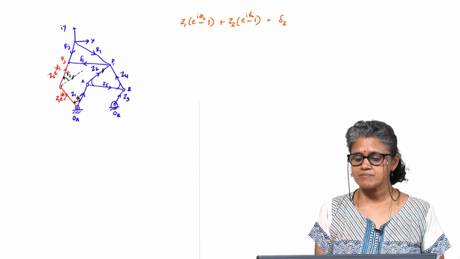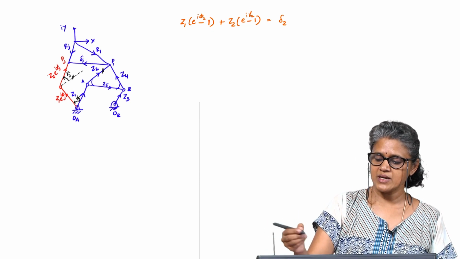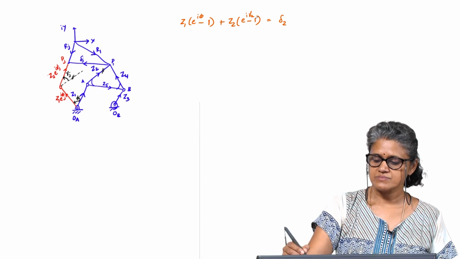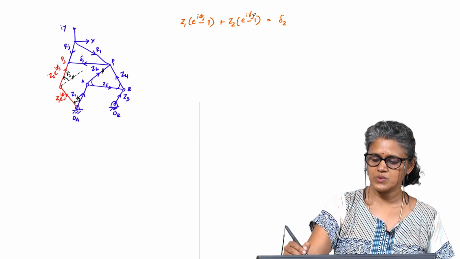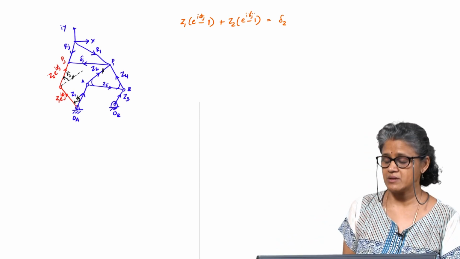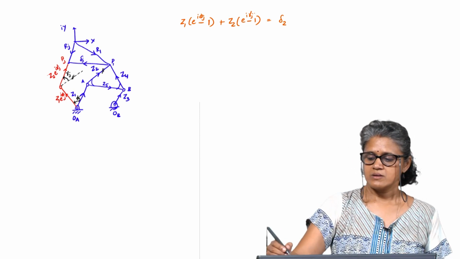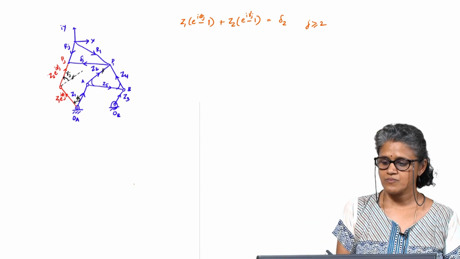So, here, or more generally I can write it as phi j minus 1, gamma j minus 1, right, between j greater than or equal to 2.